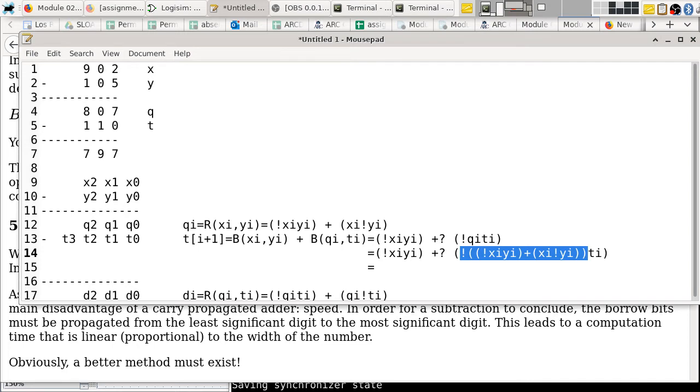But we won't have 1 plus 1. If we don't have 1 plus 1, then the OR operator, the disjunction, and the addition operator will do exactly the same thing. Are we convinced? So now we can conclude that this is really just an OR.